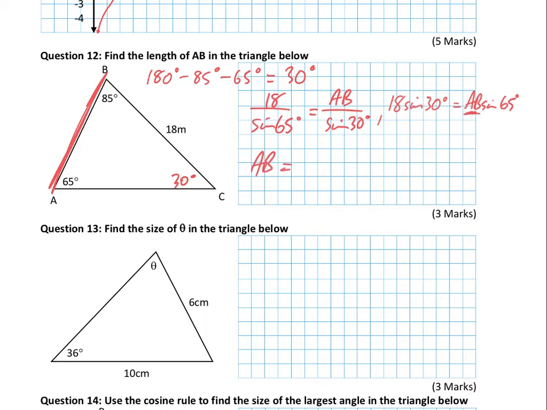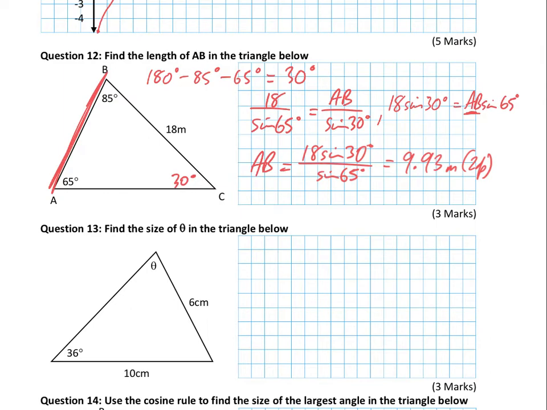AB is being multiplied by sine 65, so to remove that, I divide both sides by sine 65, so it's going to be 18 sine 30 degrees over sine 65 degrees. And now I can find my answer all in one go without losing accuracy. Divided by sine 65 equals 9.93, and it's in meters. And that was to 2 decimal points.